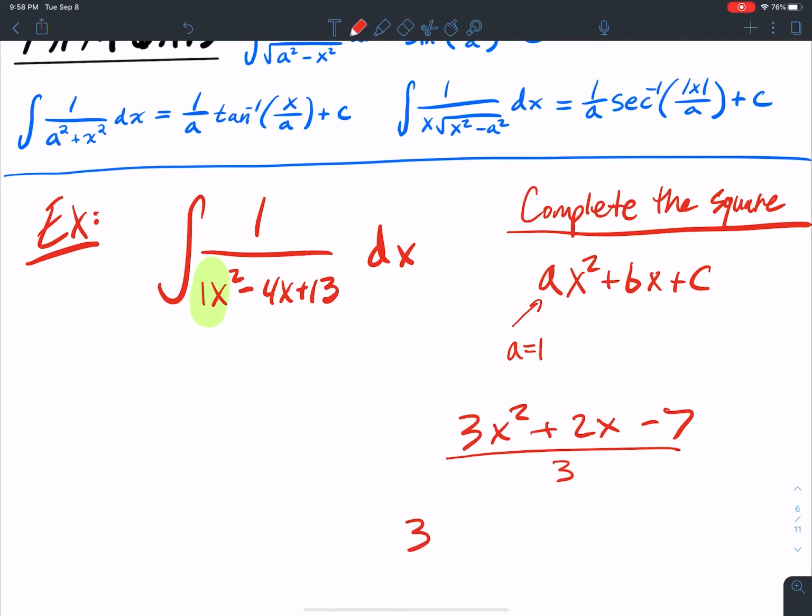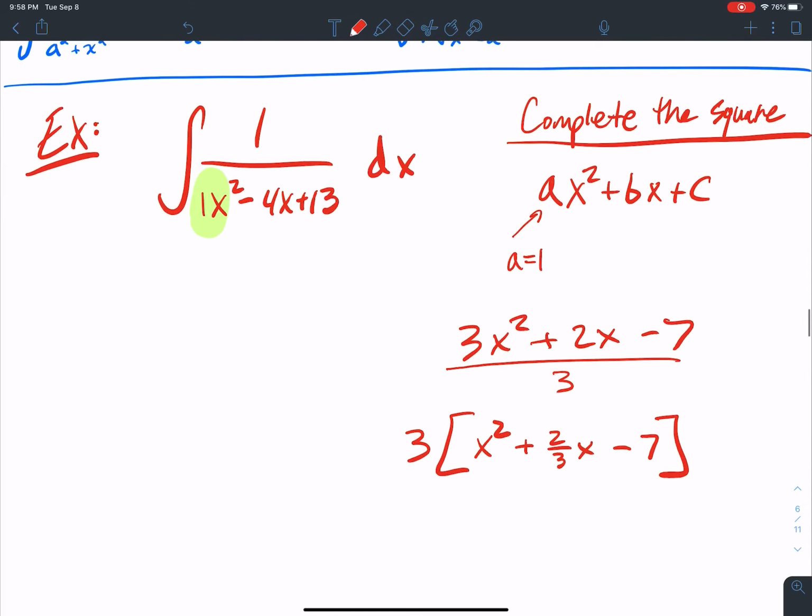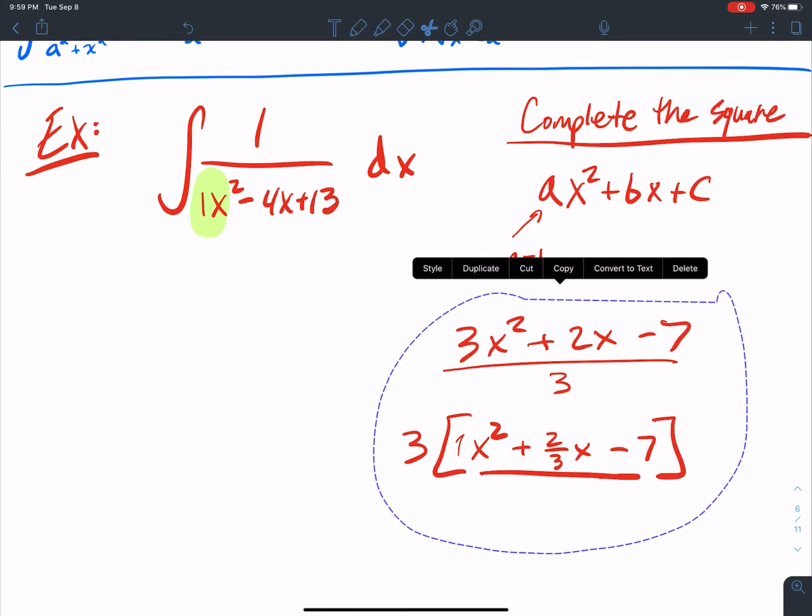So I would pull a 3 out, and I'd have x squared plus 2 over 3 x minus 7. I'm sorry, I don't know why I put x cubed, but that should be x squared, okay? And then once a is 1, now we can start completing the square on what's inside there. So that's just to show you what to do if a is not 1. But for this problem, a is equal to 1.